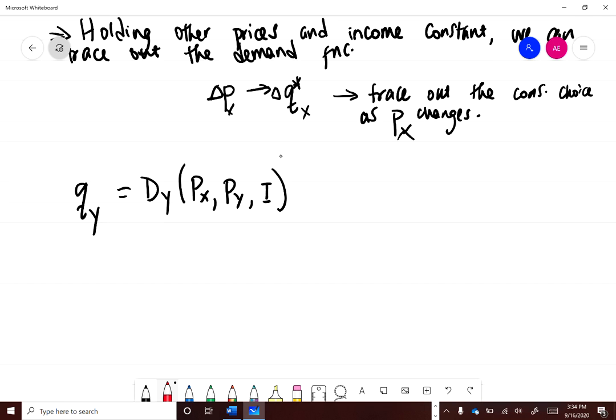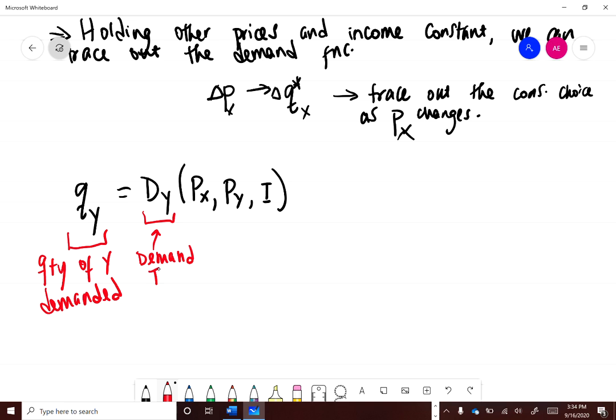All right, let's go ahead and do this. So we have Q sub y here as the quantity of y demanded. D of y, that's right, this is the demand function. It tells us how these three things relate to each other to actually determine quantity.